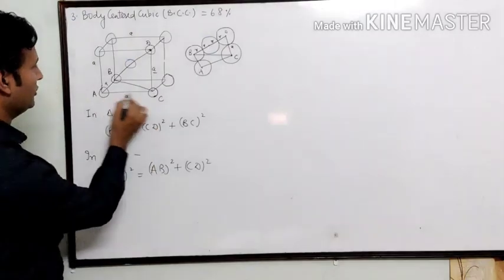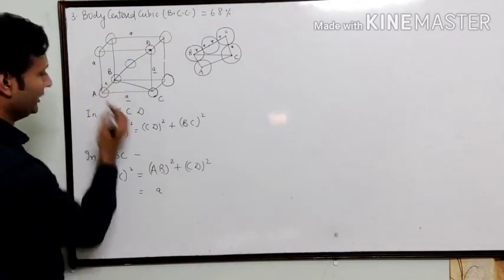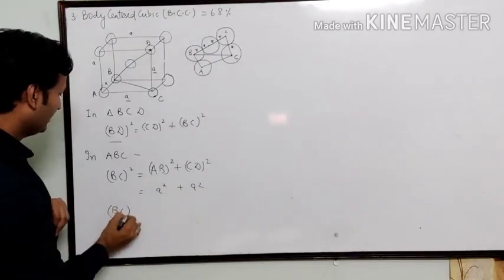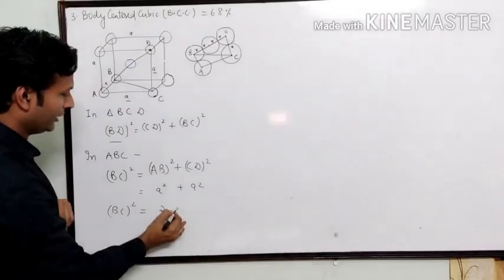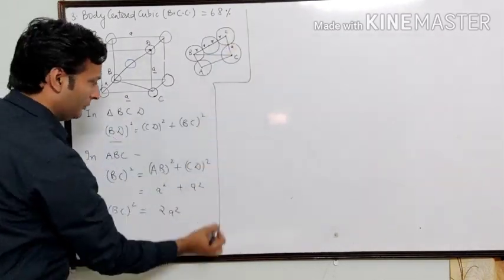And what is A to C? It is edge length A. And what is A to B? It is also edge length A. It means BC square is equal to 2A square. Now we have all the components.